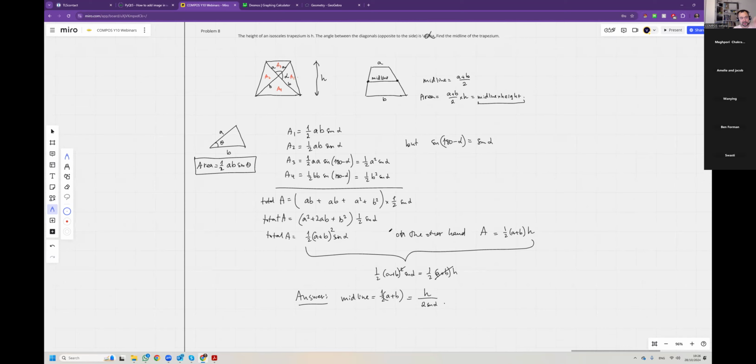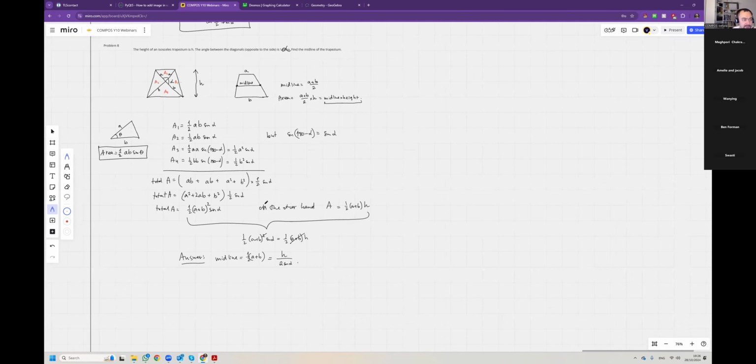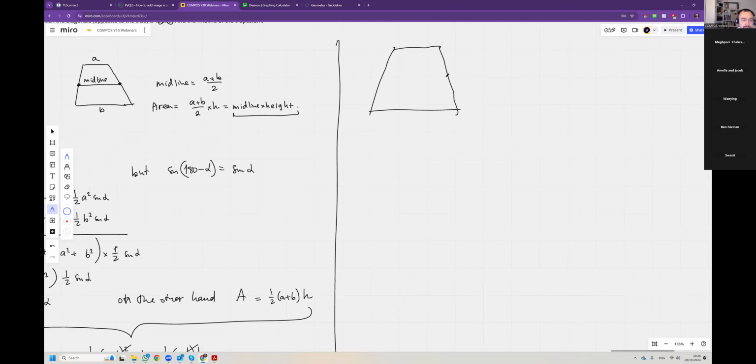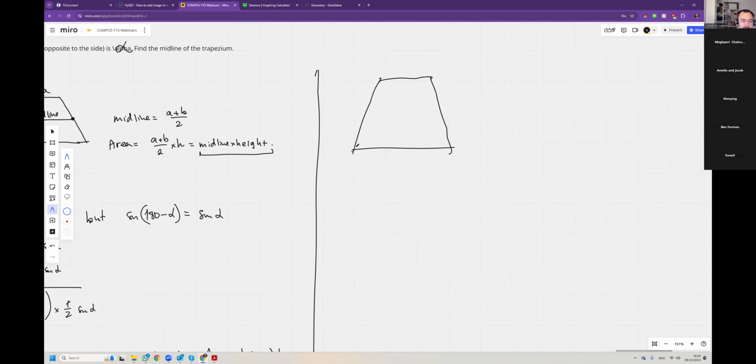I didn't do it like this when I was preparing for this webinar. I did it differently. I said, okay, so we have the trapezium. So this angle is alpha. And then I draw this line. So I call this H1 and I call this H2.